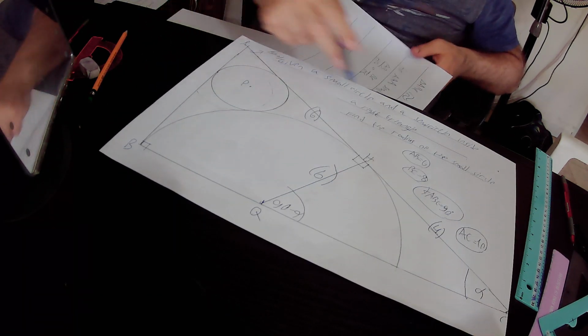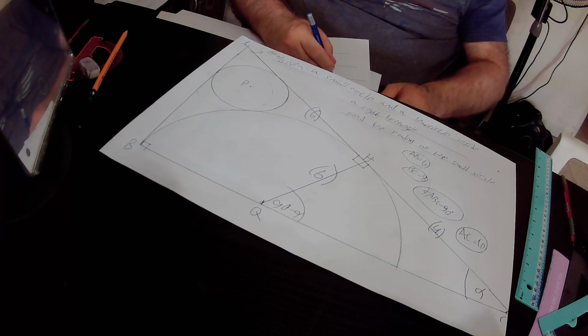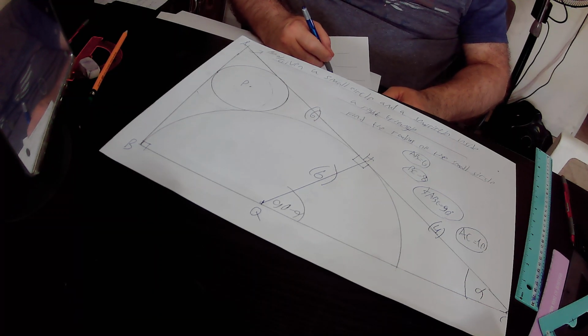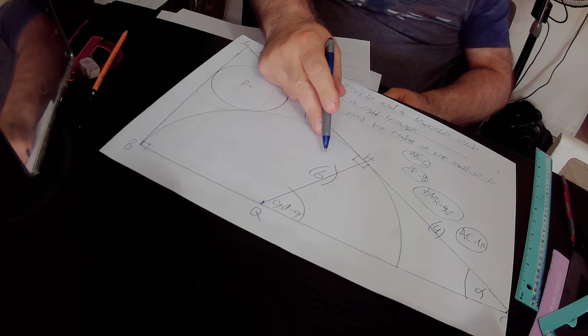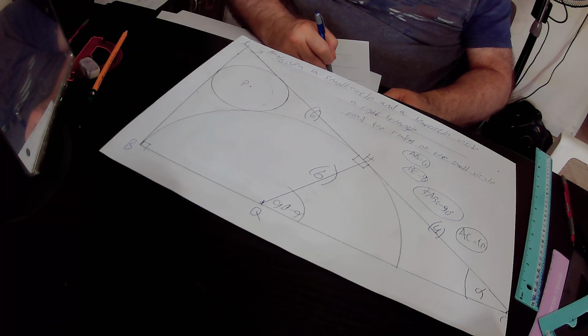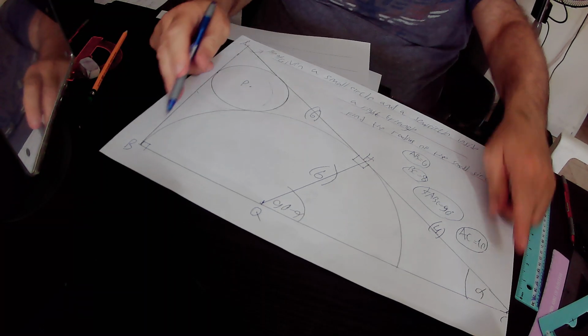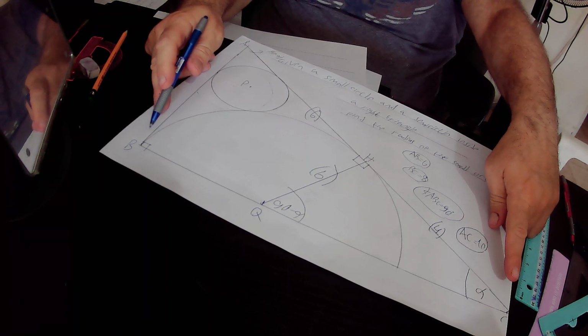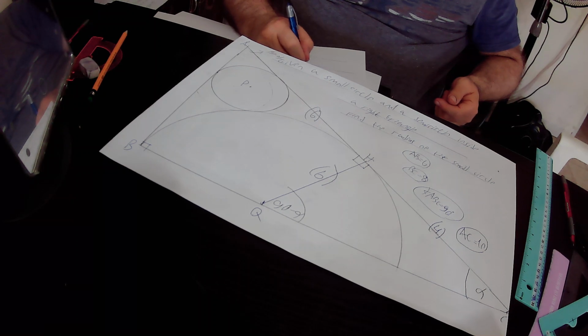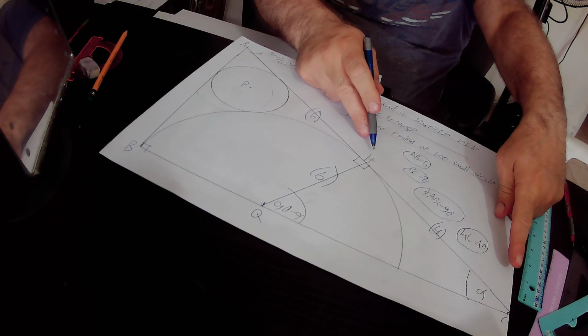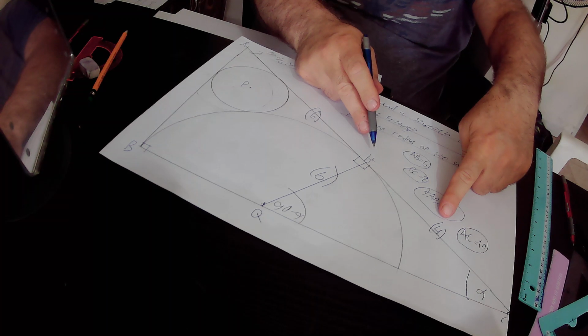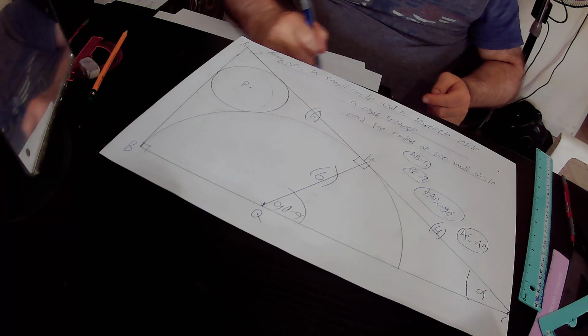AB is 6 over HQ. HQ is B, it is the radius of this semicircle, that equals B according to our definition, and it equals BC. BC is 8 according to what is given in the question, over HC. We already found out that HC equals 4.